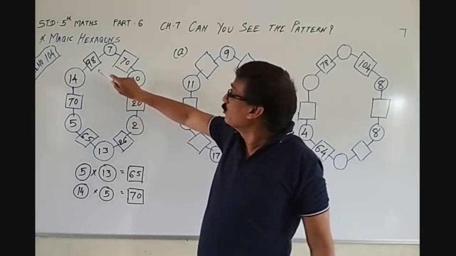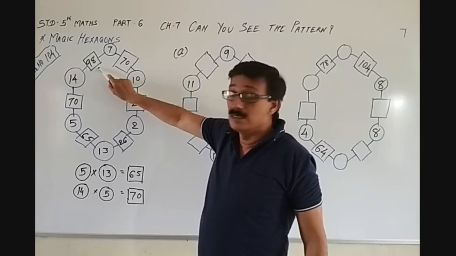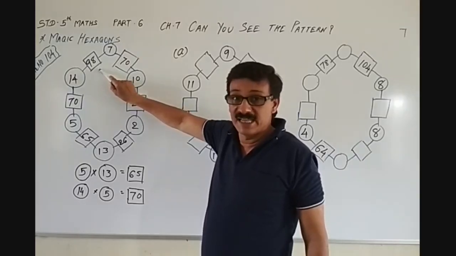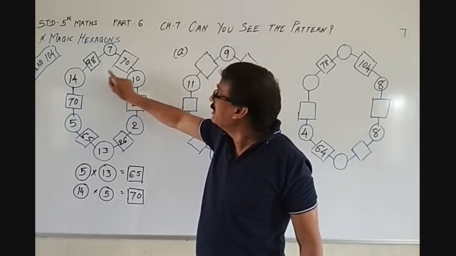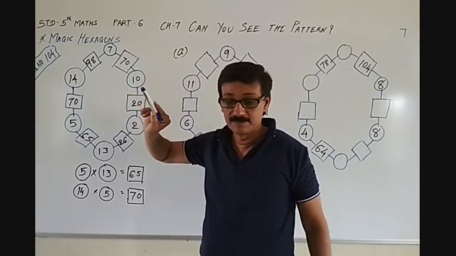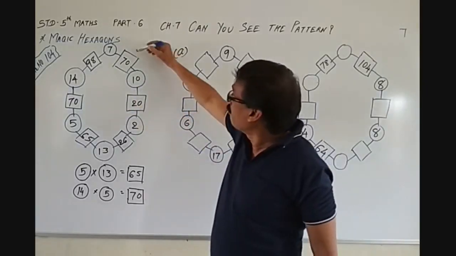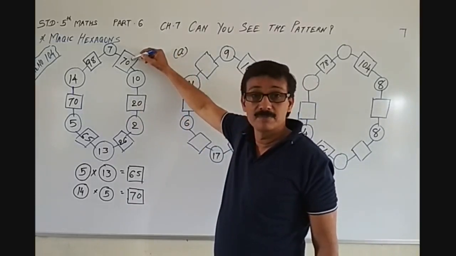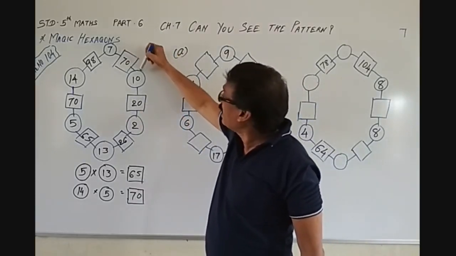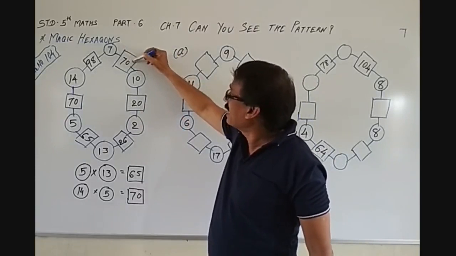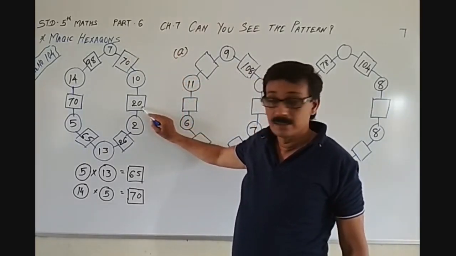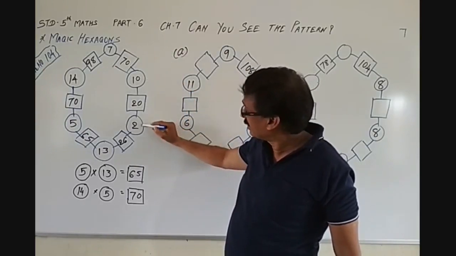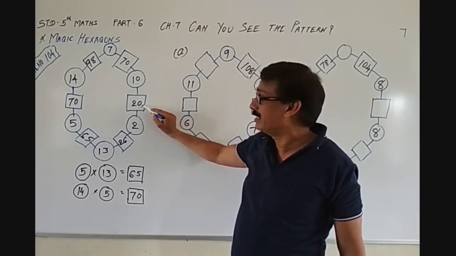So now look into this. In the box there is 98. Then multiply 14 and 7. 14 sevens are 98, isn't it? Now in the box there is 70. So multiply 7 and 10. 7 tens are 70. In the box there is 20. So 10 multiplied by 2 is 20.